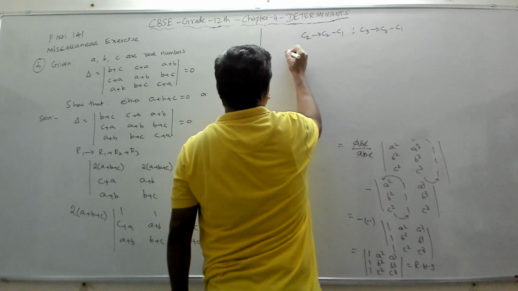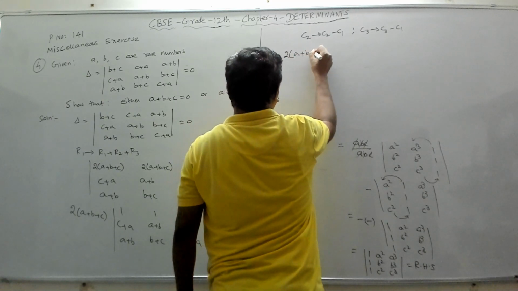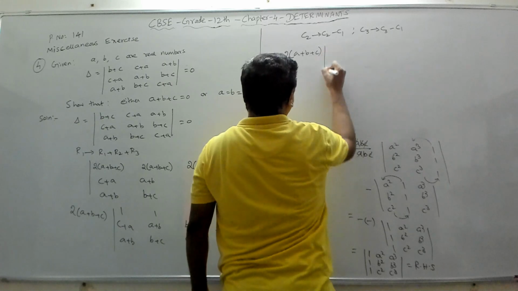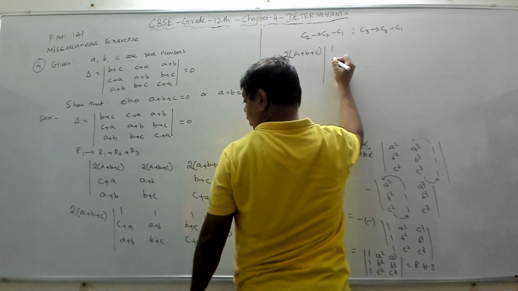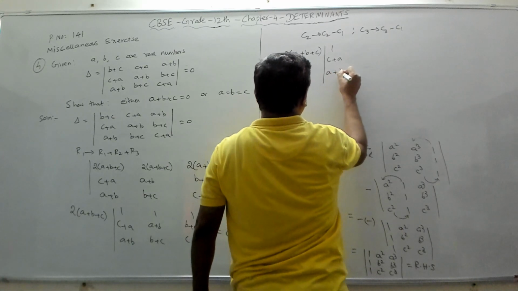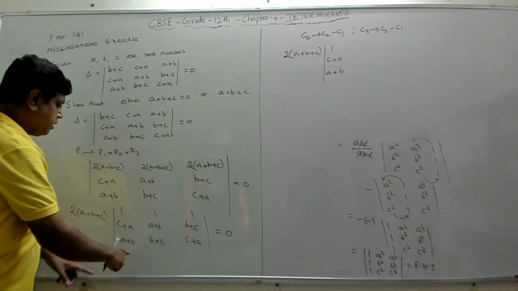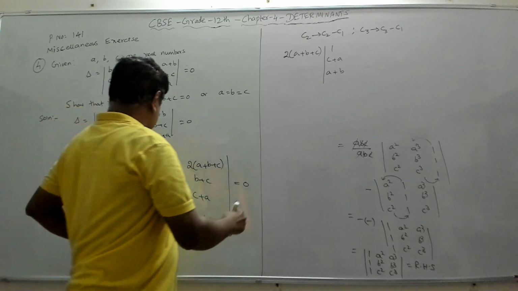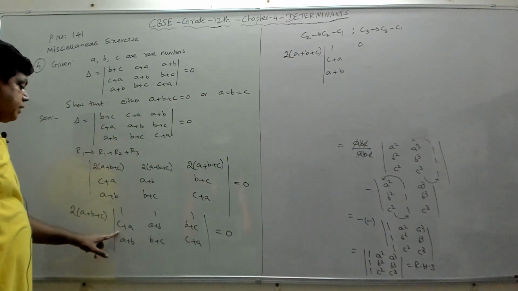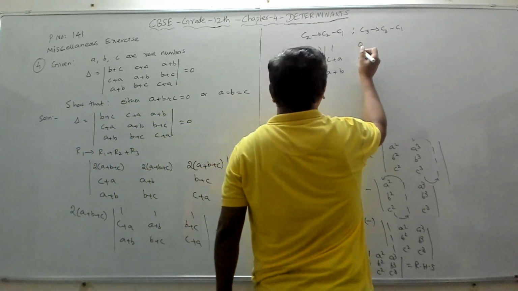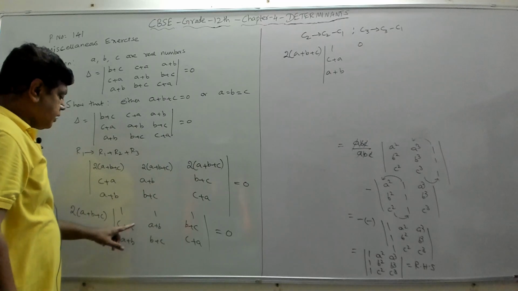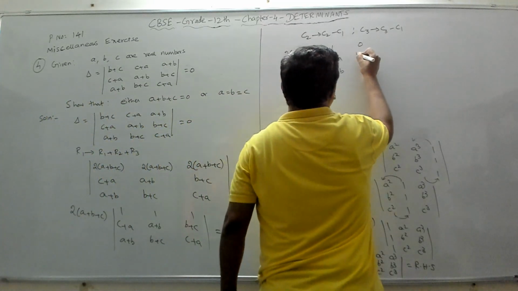Then this becomes 2 of, okay, I'm not taking the 2 out, we'll keep the 2 here. We can check later. So the determinant becomes 1, c plus a, b; I'm writing the first column as it is. Second column is 1 minus 1 is 0. Then a plus b minus c plus a: this minus this, a will get cancelled, we get b minus c.